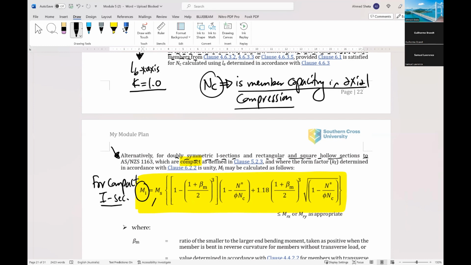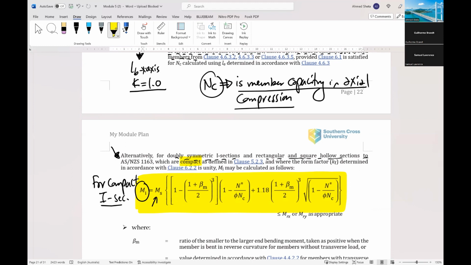MS times (1 plus beta M over 2) all cubed times (1 minus N star over phi NC) plus 1.18 times (1 plus beta M over 2) all cubed times root of (1 minus N star over phi NC).